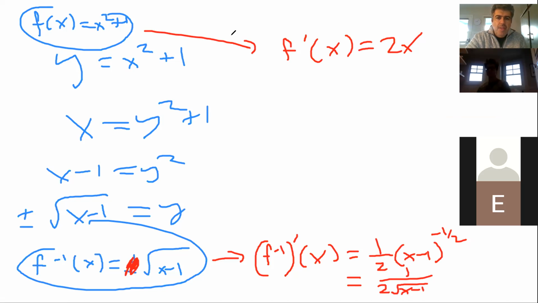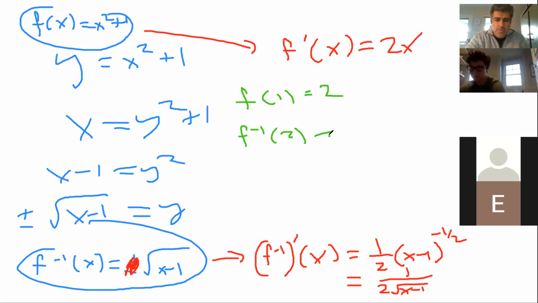Okay, now let's do some evaluating. Let's go to green here, kind of festive. So let's say I find f of 1. I just feel like finding f of 1. What is that? That's going to be 2. Now on the inverse, what if I plug 2 into the inverse? I'm doing root 2 minus 1, which is 1.